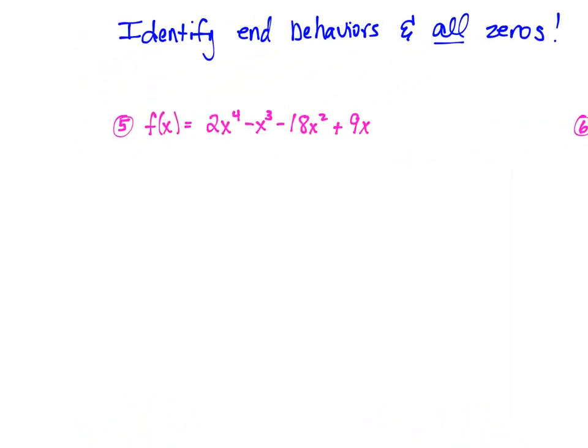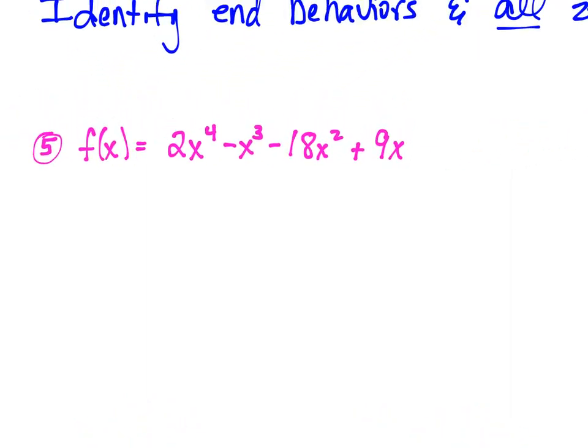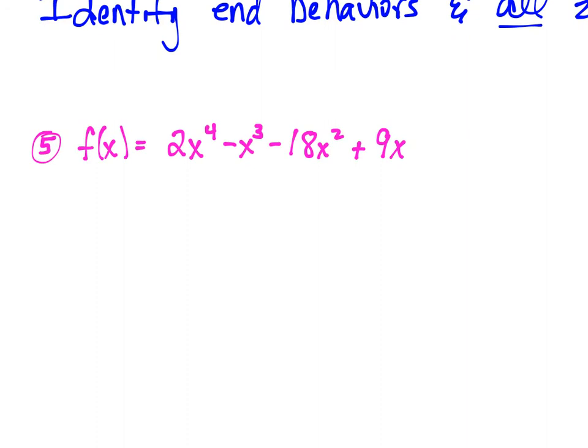End behaviors. Let's remind ourselves what to do. How do you find end behaviors when you have a problem like this? Look at the biggest exponent. I have a 4. 4 is what kind of a number? Even. When I think of even, I think of same. Same direction. Are both of my arrows going up or both going down?